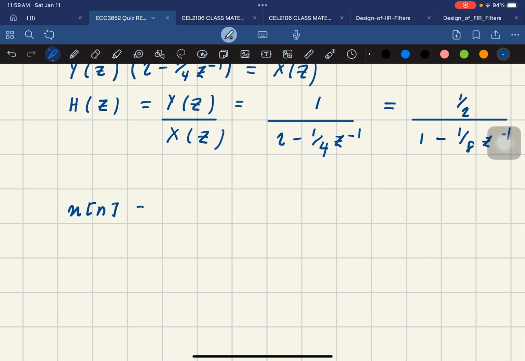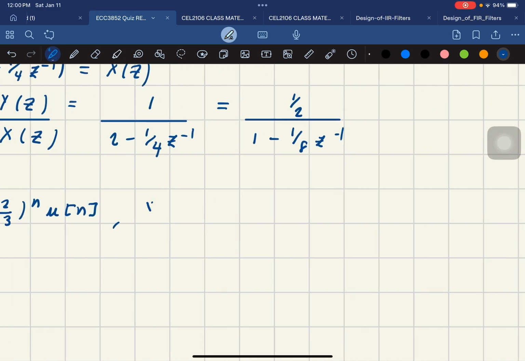The Z transform of the input will be 1 over 1 minus 2/3 z to the minus 1.